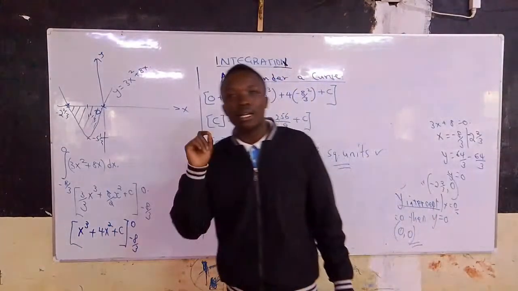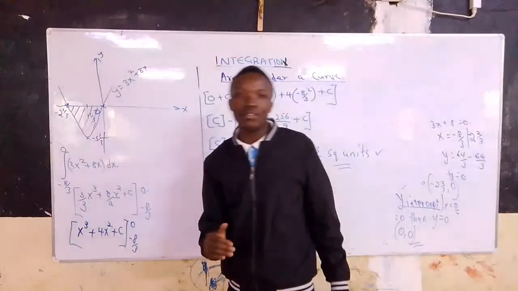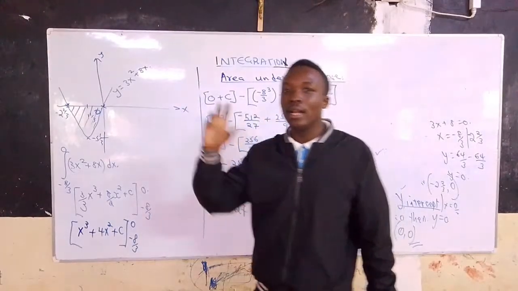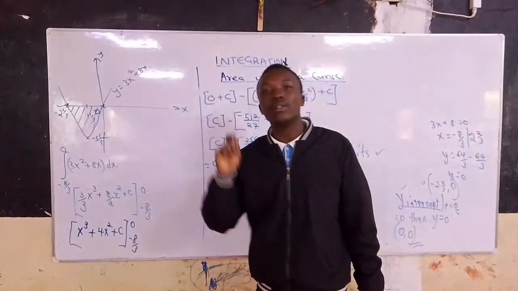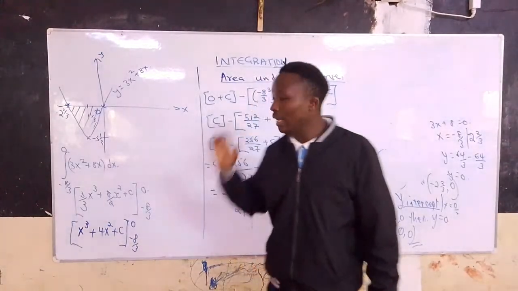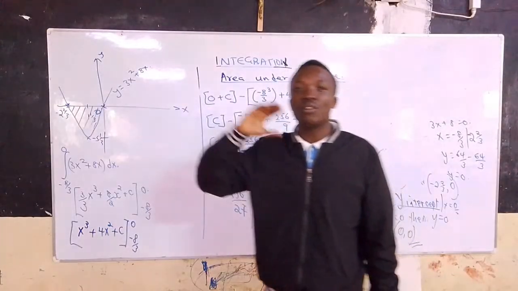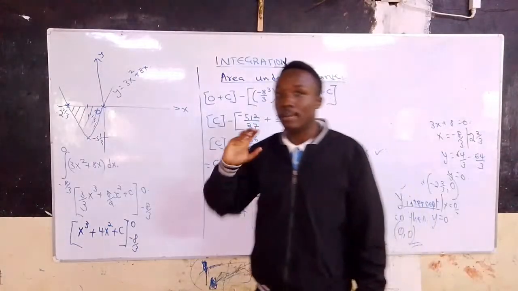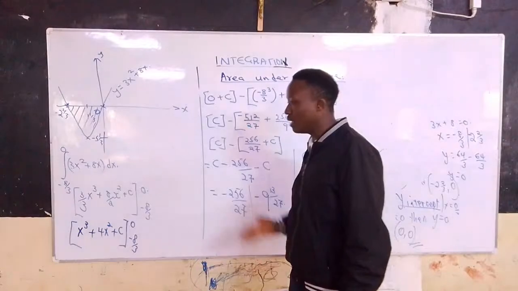Another important thing concerning area using integration is that area determined through integration is always accurate. If you use integration to determine areas, be assured that you will be able to determine accurate area.